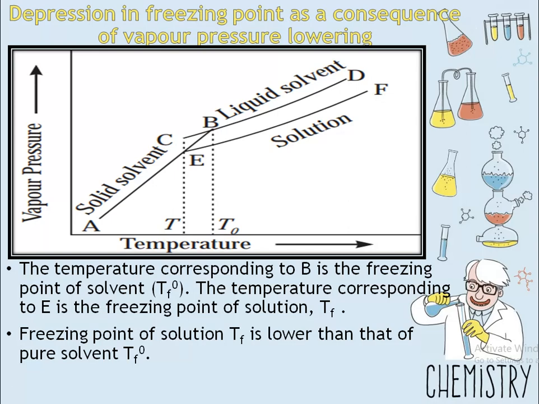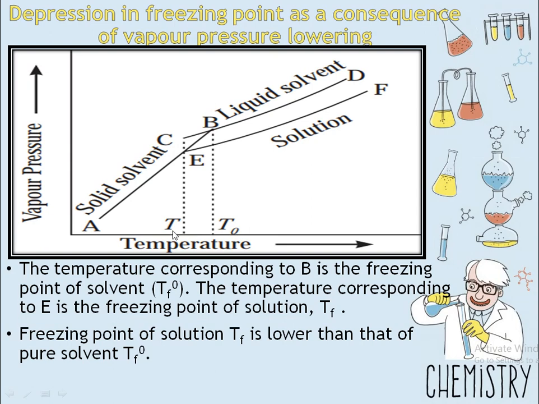So from this graph we can say that the temperature corresponding to B is the freezing point of the solvent, and the temperature corresponding to E is the freezing point of the solution.